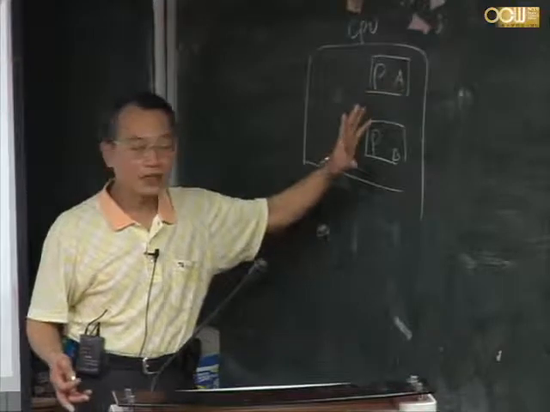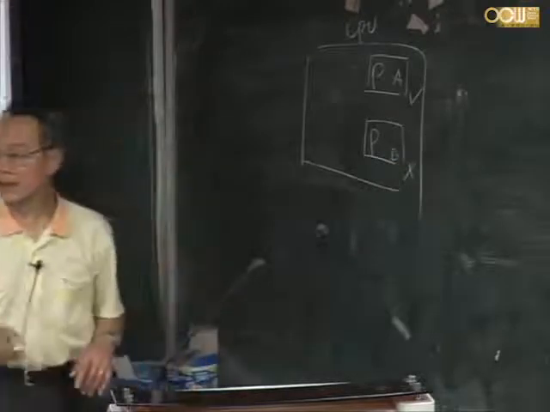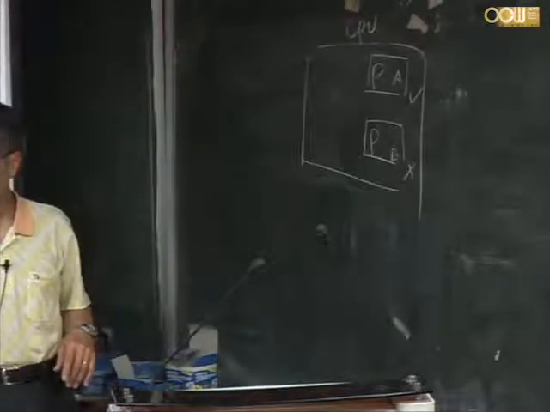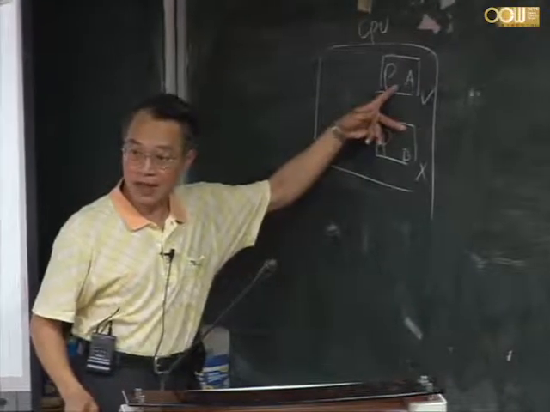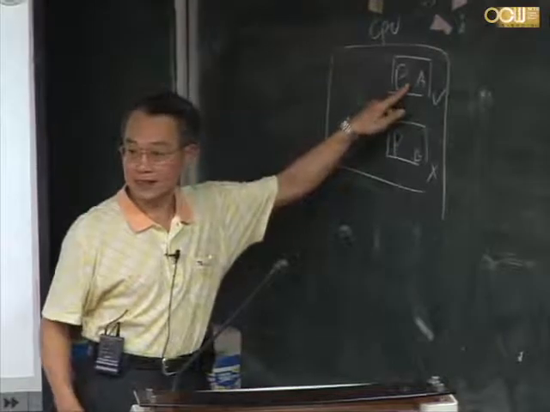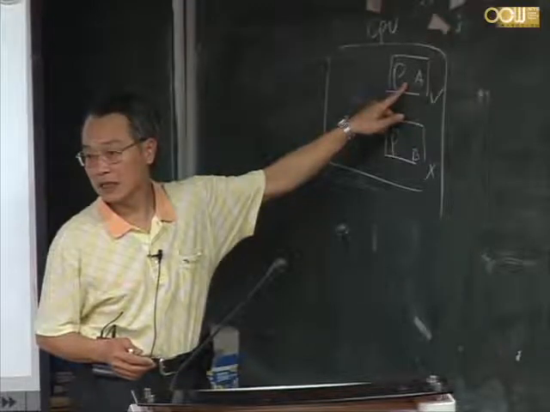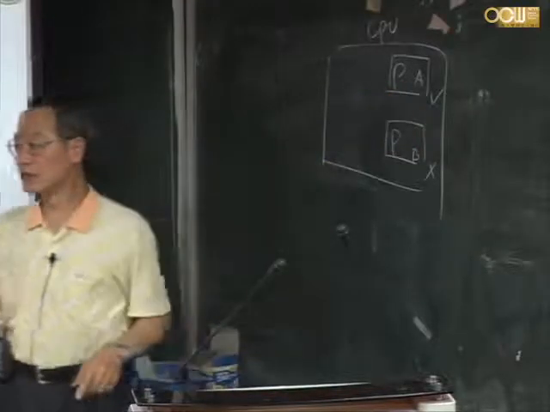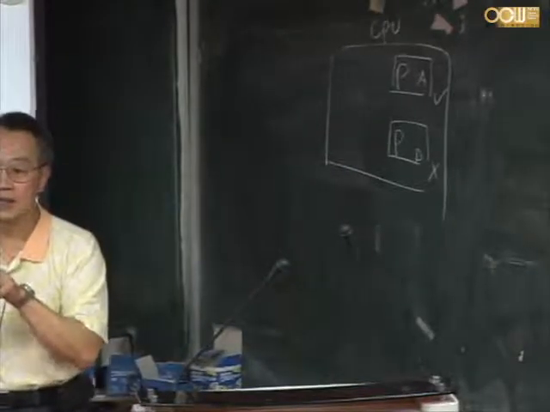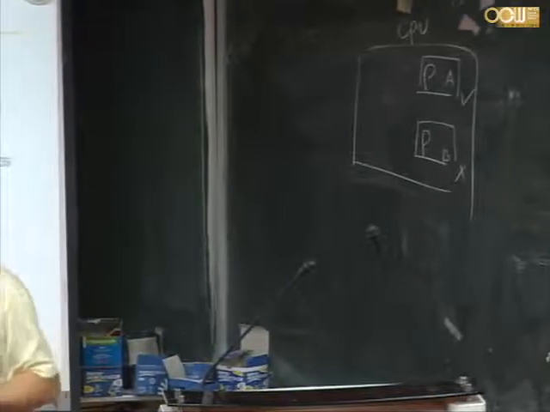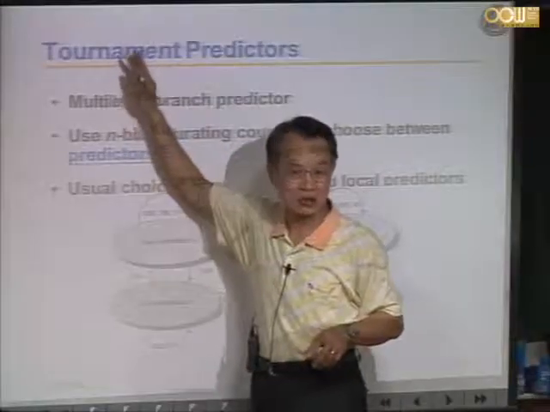Whenever I have a preference, next time when I encounter a branch again, I let them both do prediction. But I'll take this to proceed with my instruction fetch. So, do you get the idea? We let these 2 compete with each other. And whichever wins, next time I'll trust it. So that's the so-called tournament, competition.